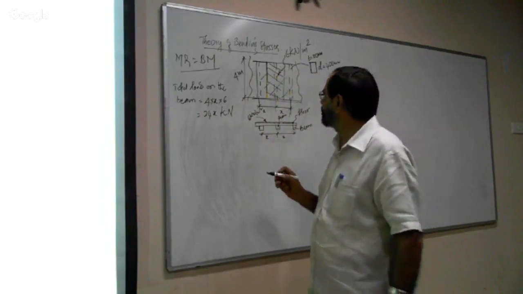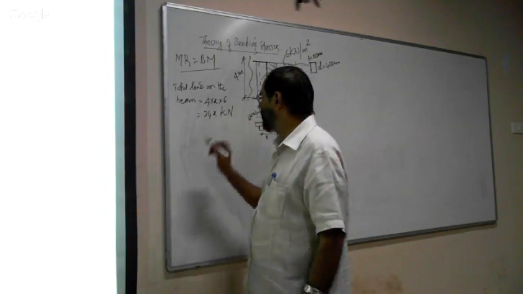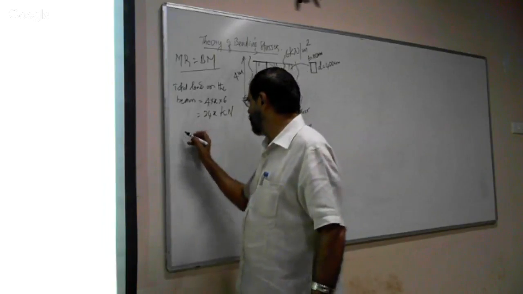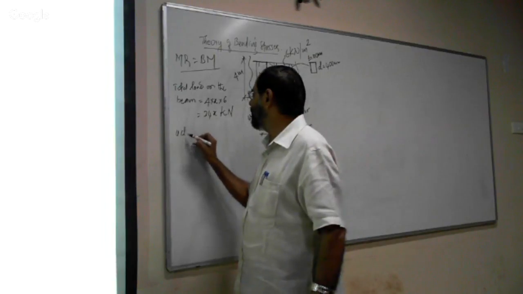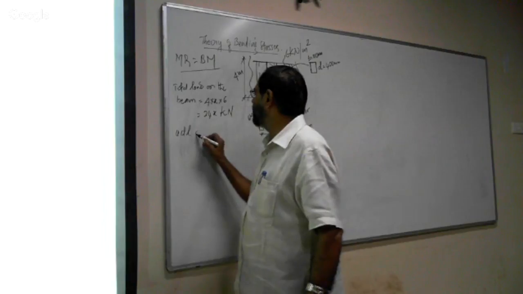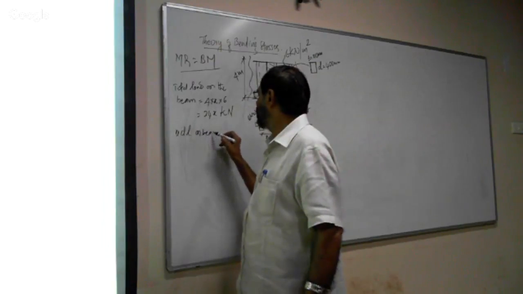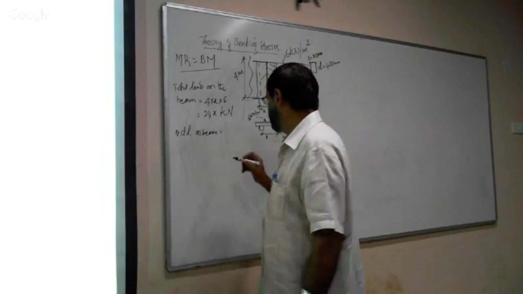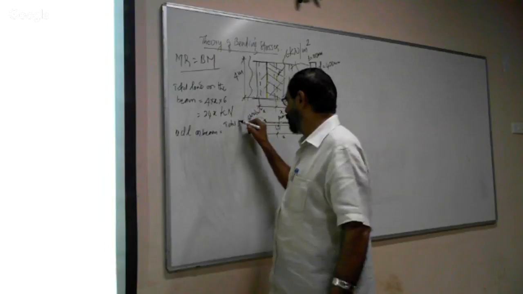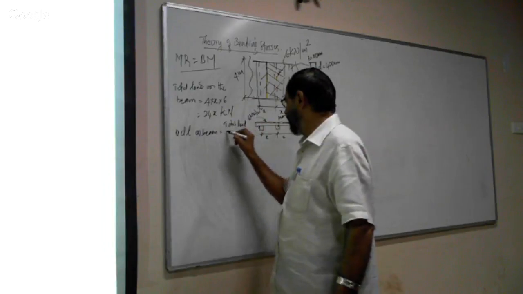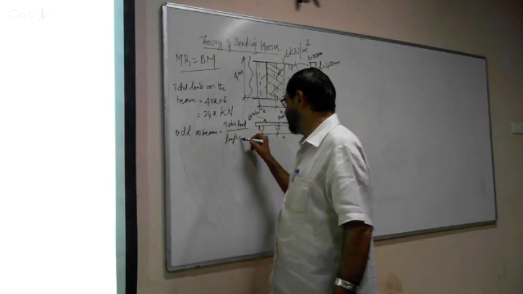Now let me convert this total load into uniformly distributed load. UDL on beam is equal to total load divided by the length of the beam.